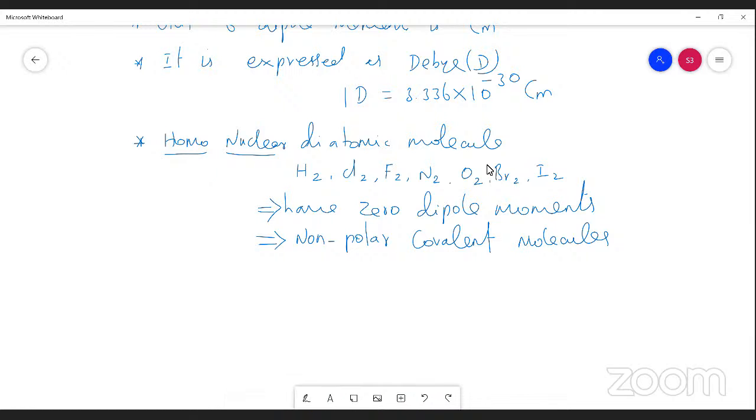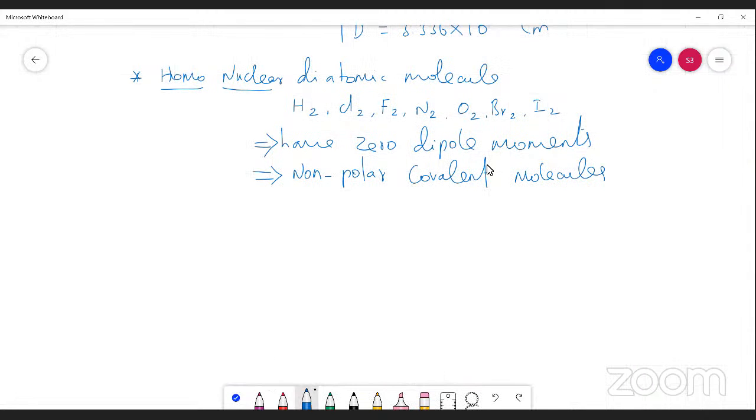In case of a heteronuclear diatomic molecule or triatomic molecule.